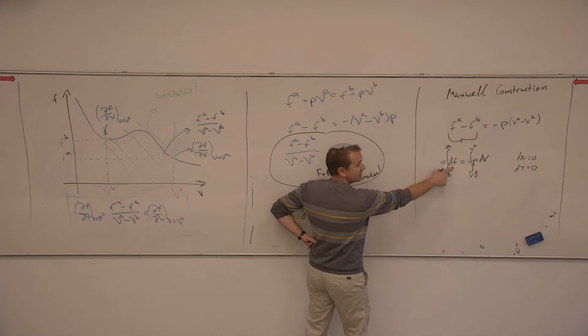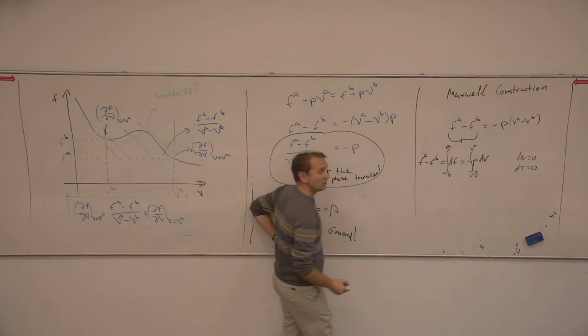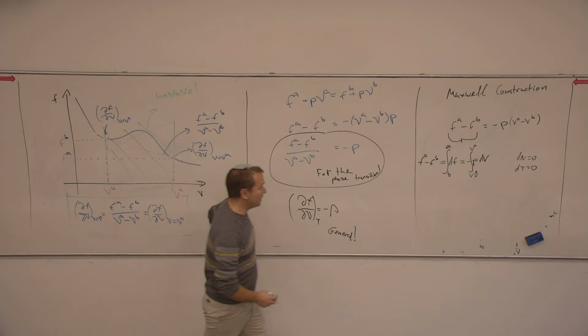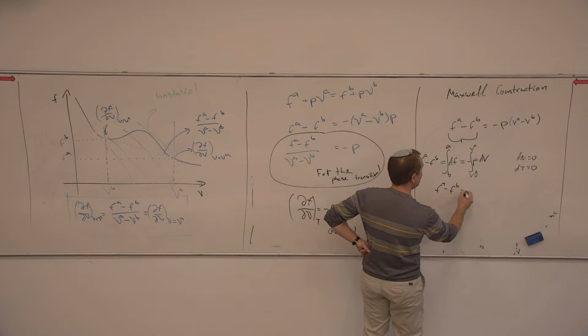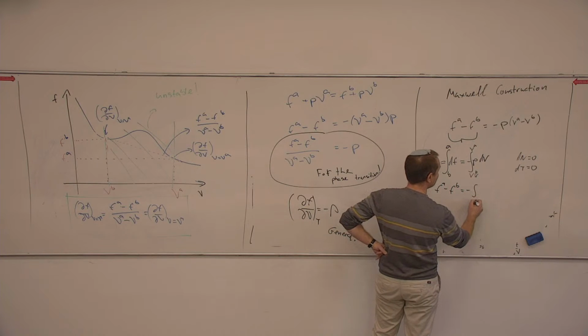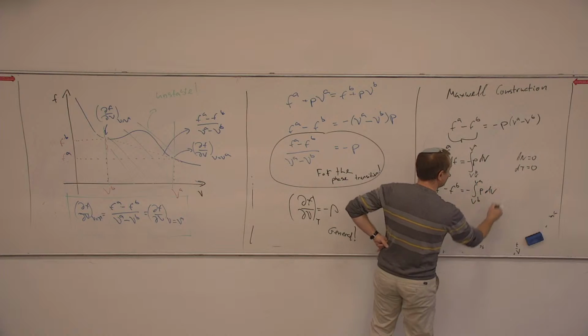If we have just a differential, this is Fa minus Fb. Okay. So we got that Fa minus Fb equals minus the integral from Vb to Va of P dV.